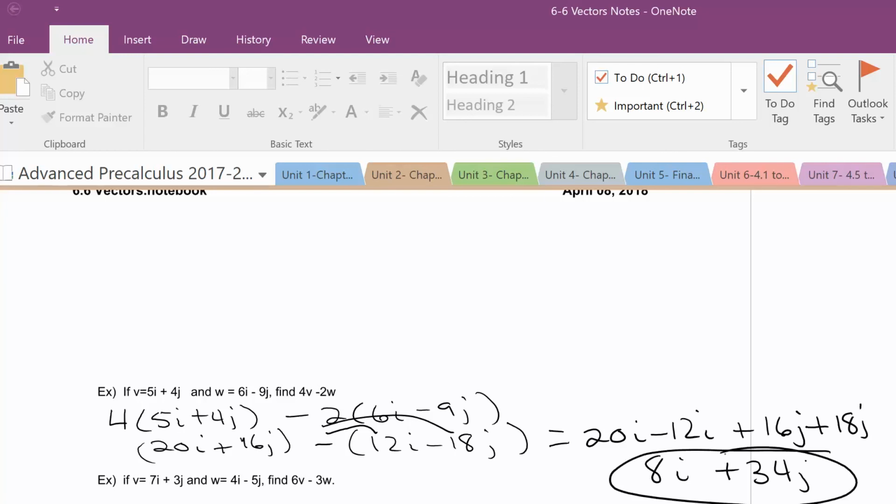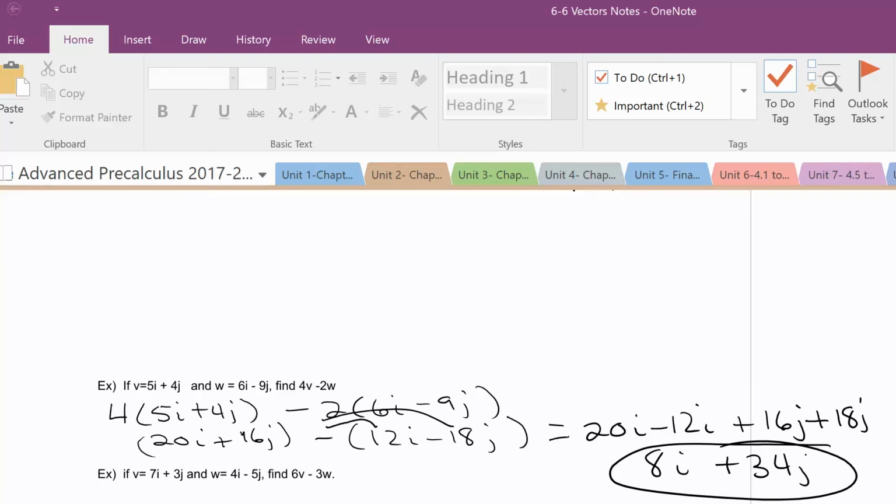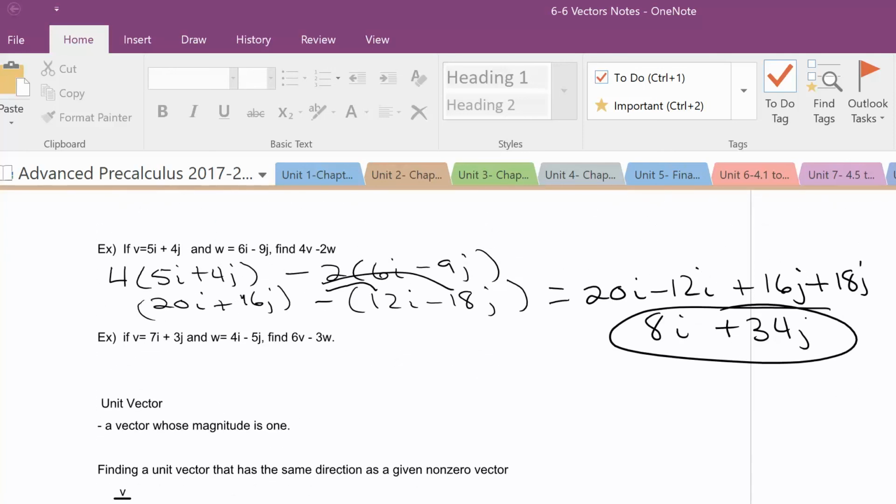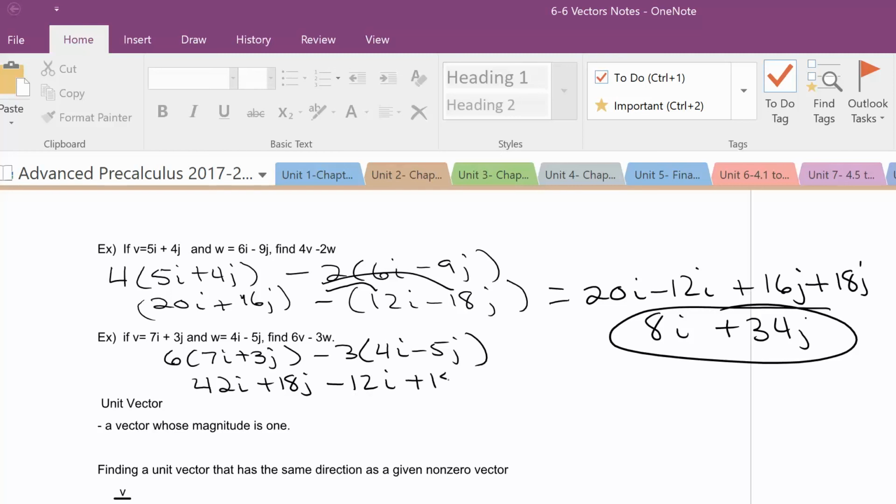I forgot to distribute the negative sign first, just like algebra. So 6v minus 3w. So 6 times 7i plus 3j minus 3 times 4i minus 5j. So it gives you 42i plus 18j. And you can distribute the negative with the 3. So a minus 12i plus 15j. And then just combine like terms. So I get 30i plus 33j.